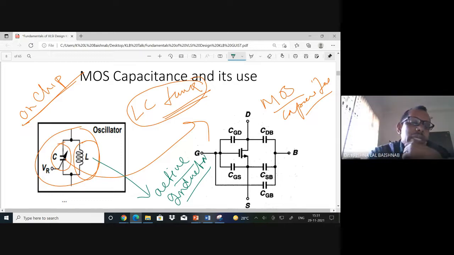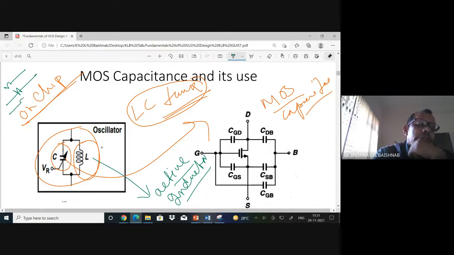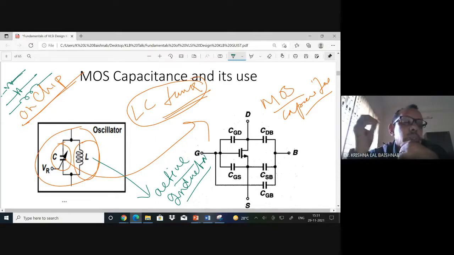What did we study at the B.Tech level? Resistance, capacitance, inductor. All are basically passive. What is passive, we have to replace by using CMOS circuits.